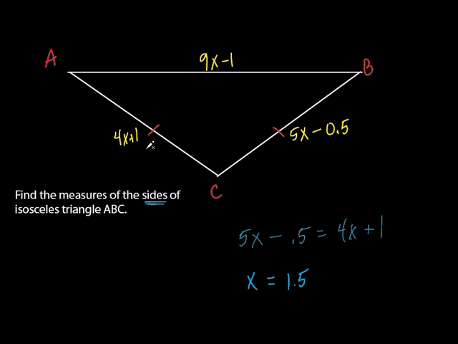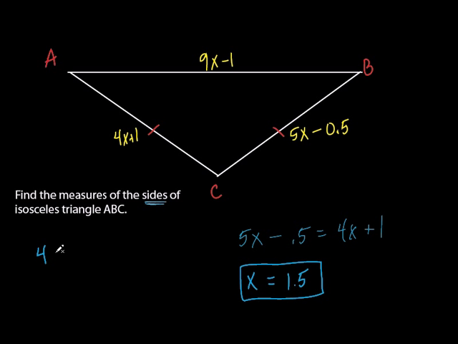Well, that's part of what we want to do, but we want to find the lengths of all three sides. So I have to find this side, this side, and that side right there. Doesn't matter which one you do first, but we're going to use x to plug in. This is not our answer. Plug and chug. Let's do AC first.